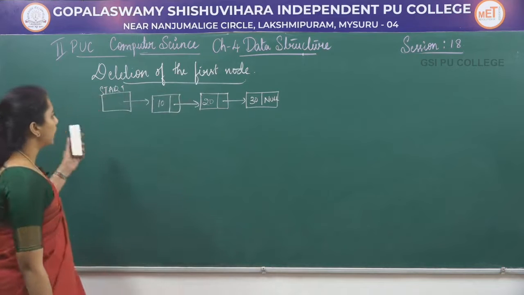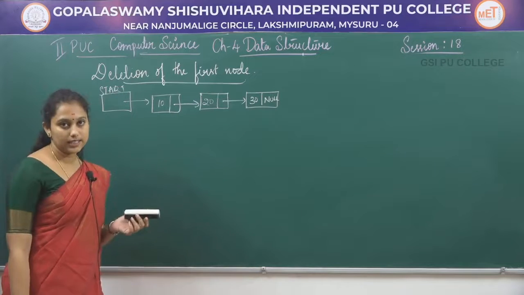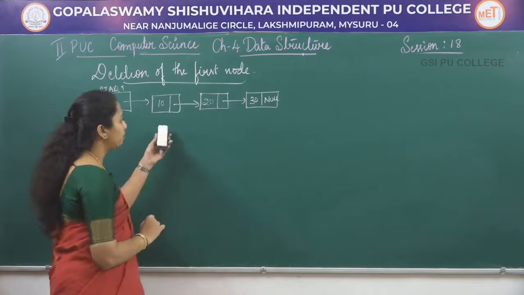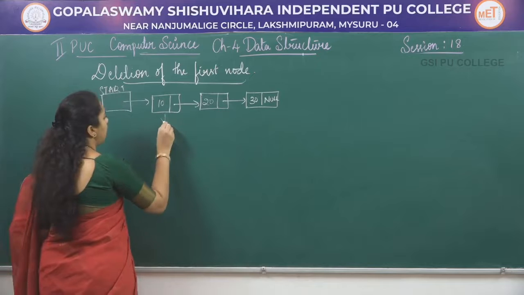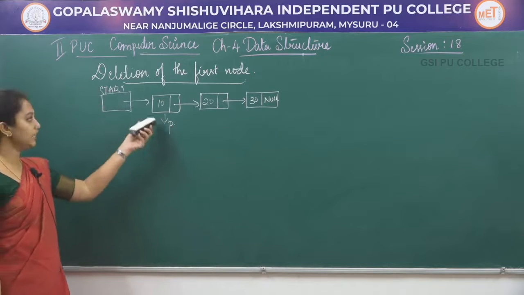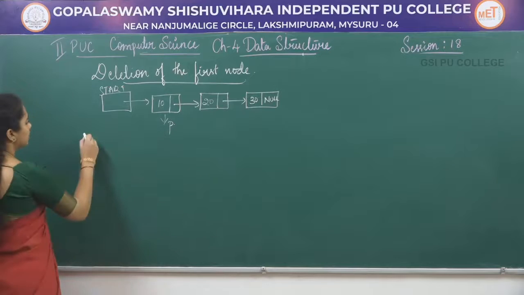So now we are going to delete the first node from the linked list. So how to delete? Let this pointer be P. First we have to copy the data of this node. What is the first step?